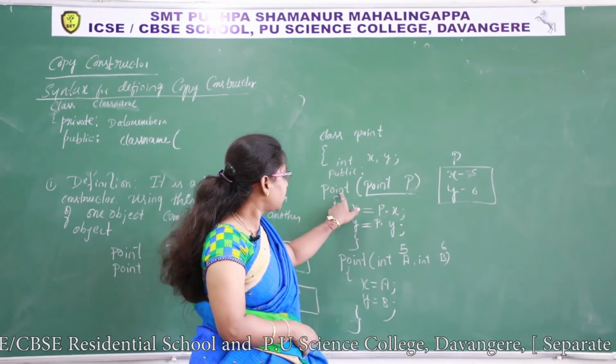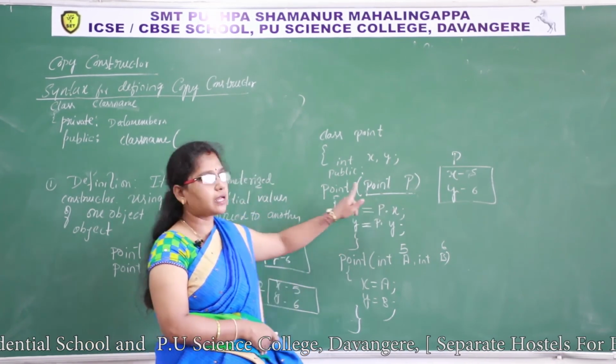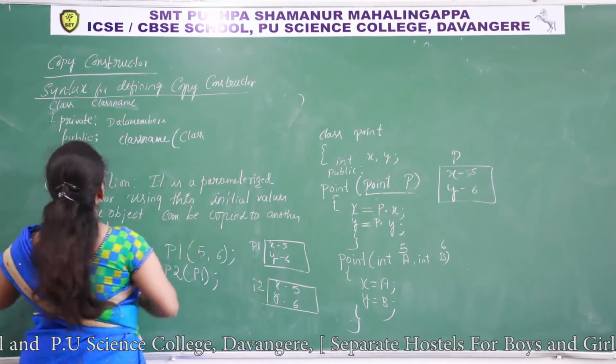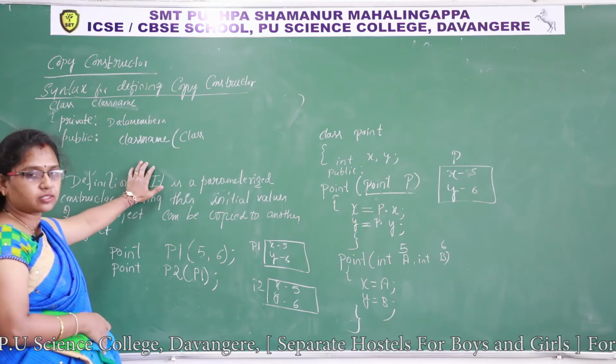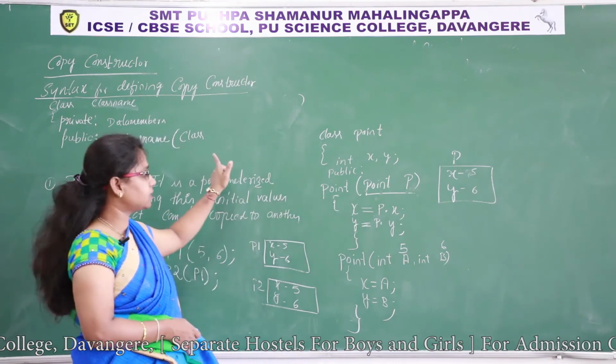See here, Point is a class name, Point, open parenthesis, again Point is a class name. So let us learn the syntax of the copy constructor, how to define a copy constructor. By seeing this example we can generalize it.